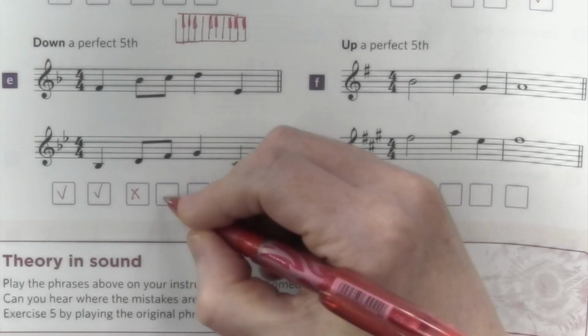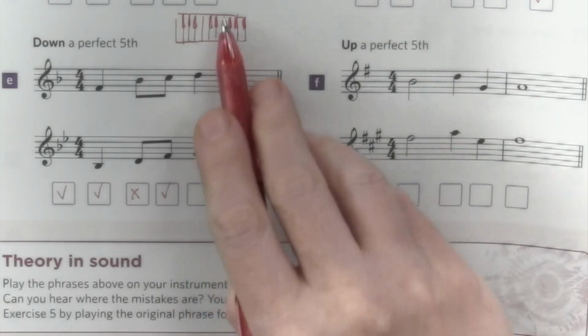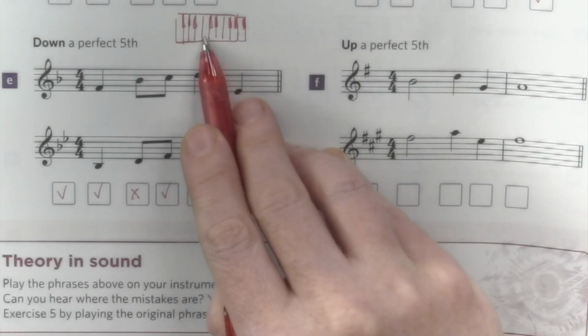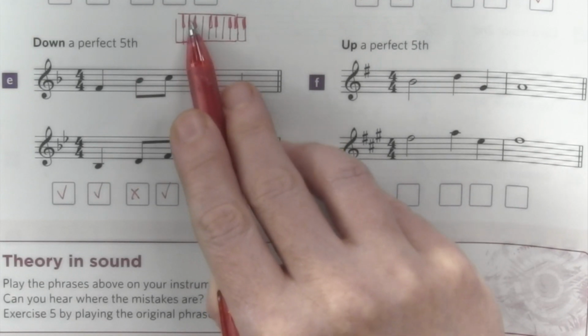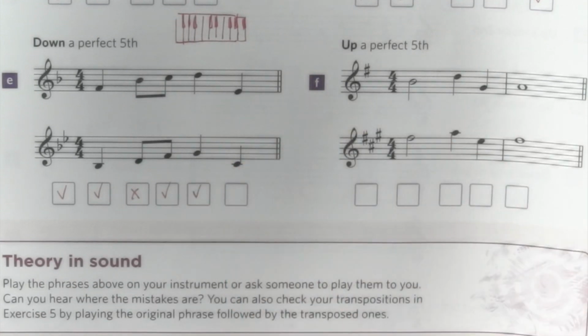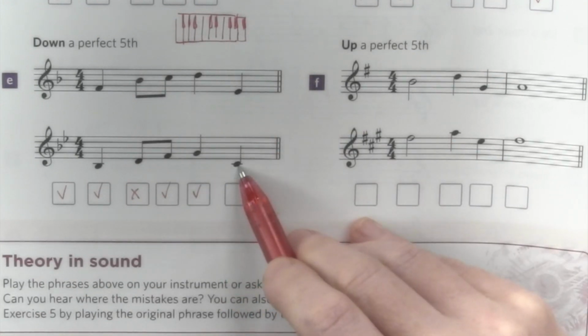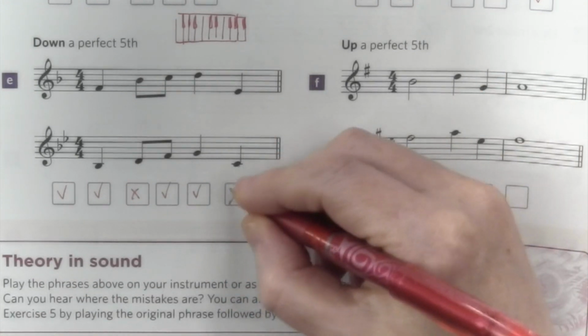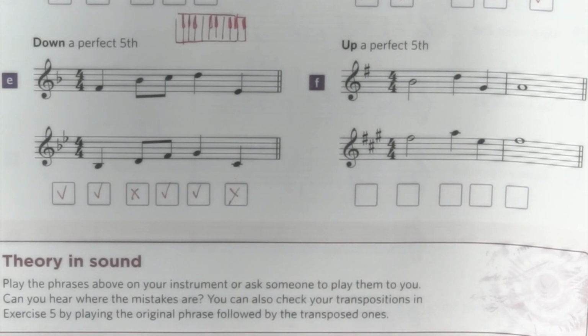Re, let's do it together. 1, 2, 3.5. Correct. And Mi can't be Do. This is a third, so incorrect. Here it is. Let's move on to the next one.